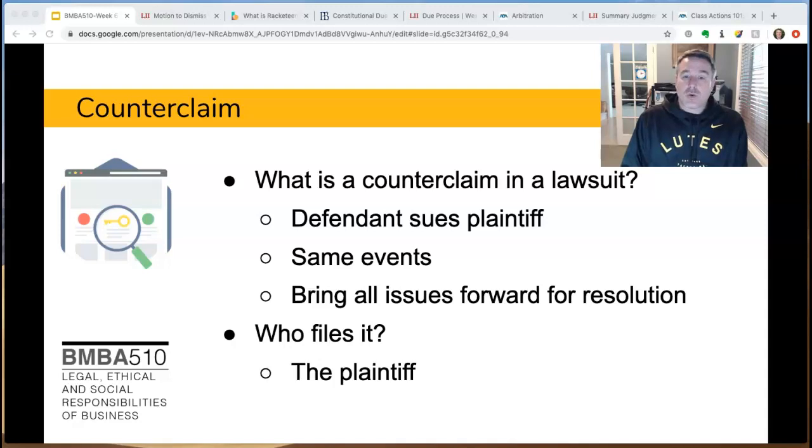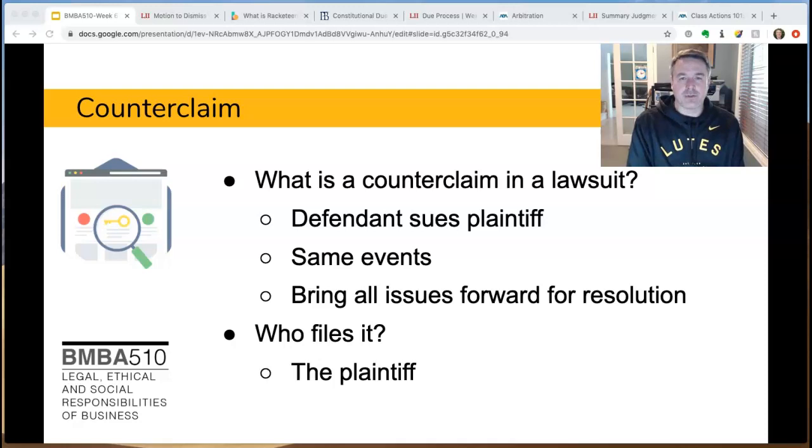Okay, so the defendant, in addition to answering the complaint, can also counterclaim. And a counterclaim is where the defendant is suing the plaintiff over the same set of facts. So there's a claim and a counterclaim.